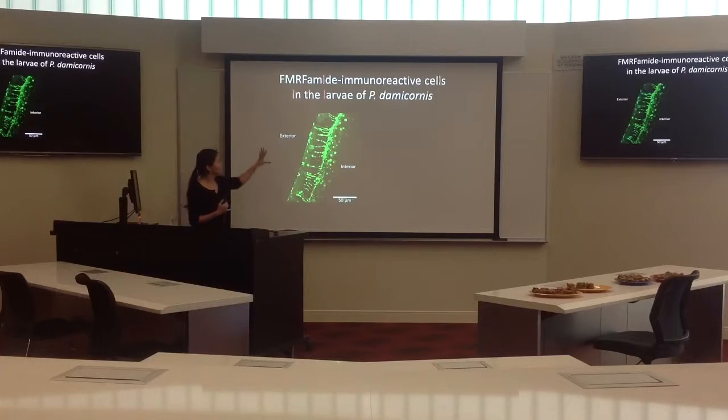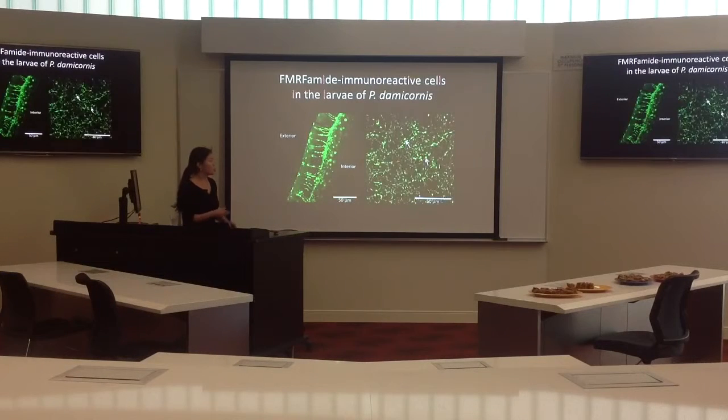And this is a confocal image here on the left showing the epidermis. So this is lining the entire edge of the larva, and this is the interior of the larva, this is the exterior in contact with the environment. And as you can see, these FMRFamide immunoreactive cells line across the entire edge of that epidermis.